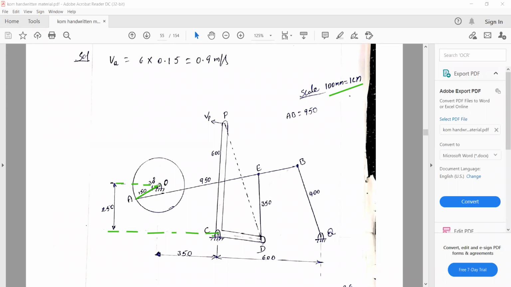Now take the vertical line from the O point.